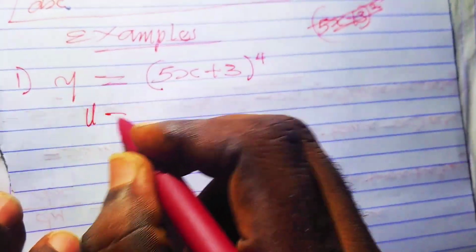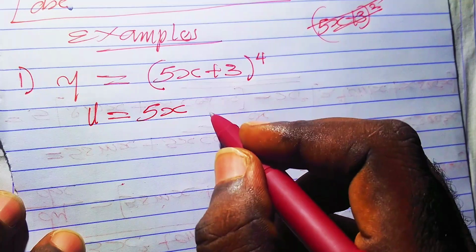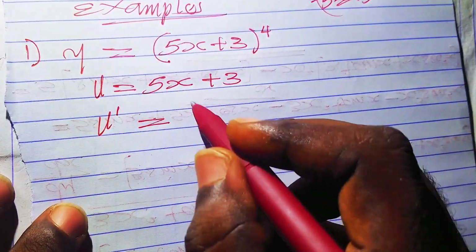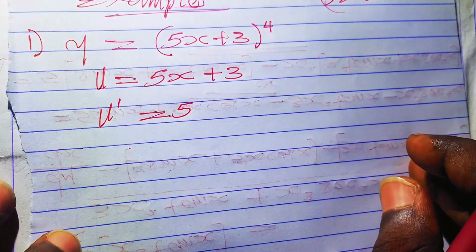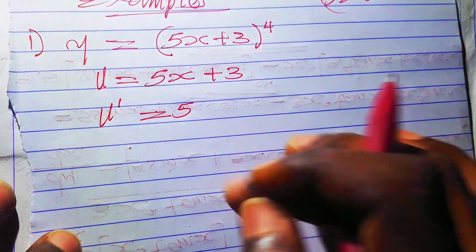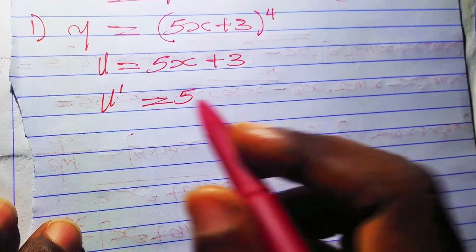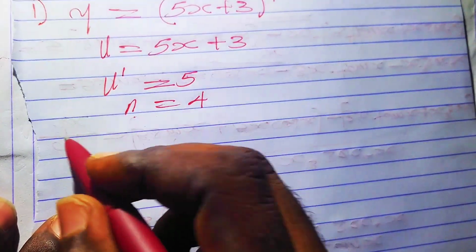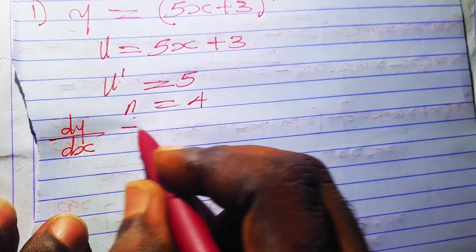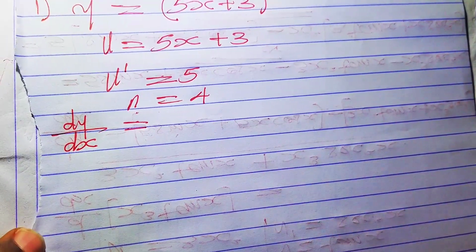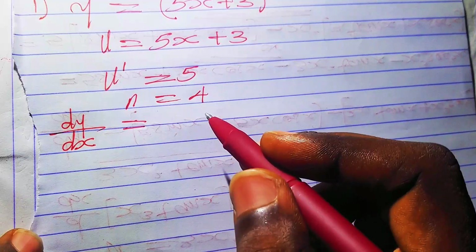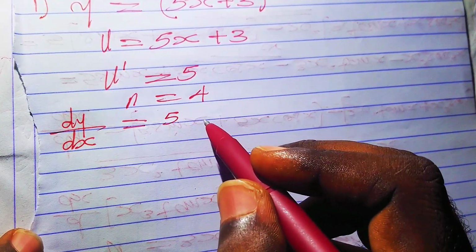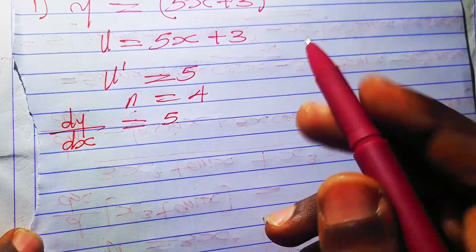In this case, our u equals 5x + 3. And then u prime is going to be what? 5. That is differentiating 5x is going to be 5, and then don't forget the power, n equals 4.